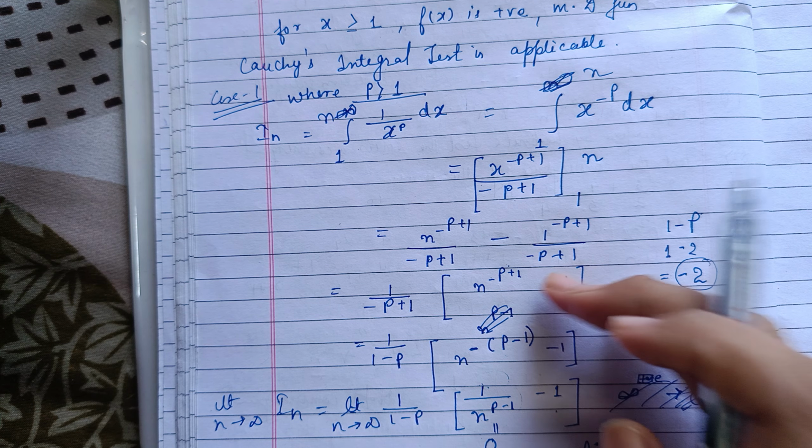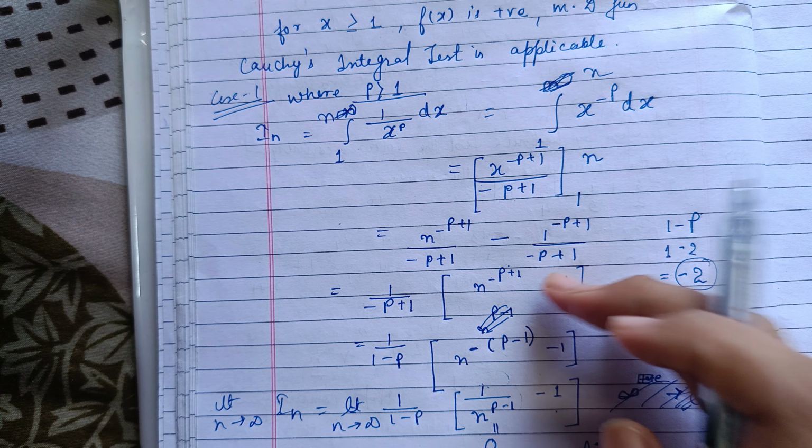Likewise, we can also take step 2, case 2, when p is less than 1. Let me take that step. Case 2, when p is less than 1. Now again, In is equal to the integral from 1 to n of 1 by x to the power p dx. This can be written as the integral from 1 to n of x to the power minus p dx.